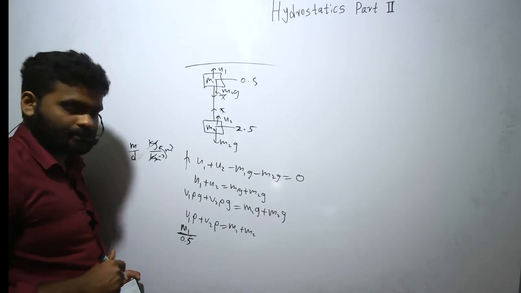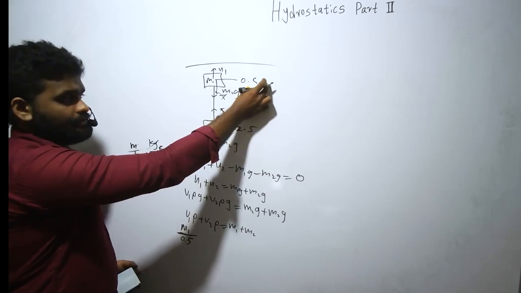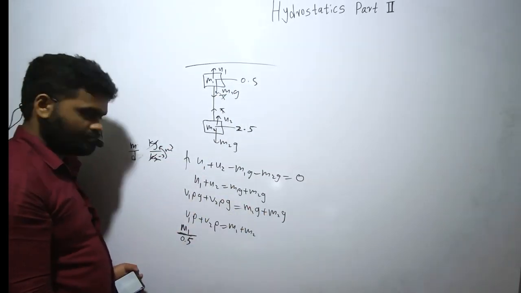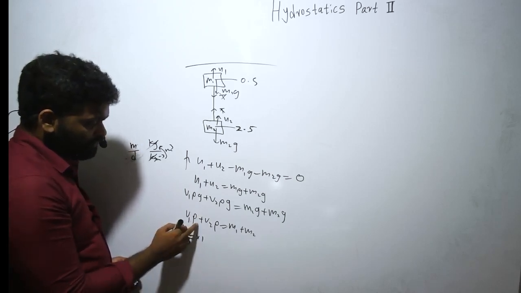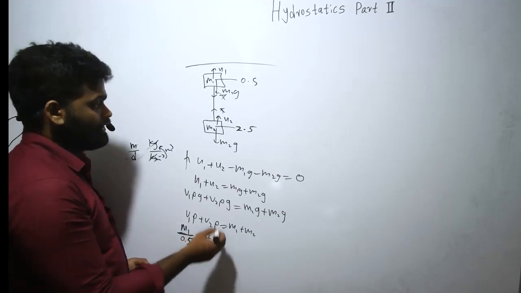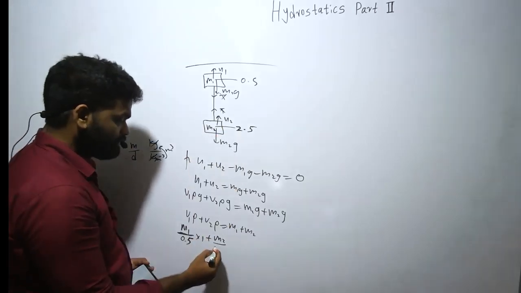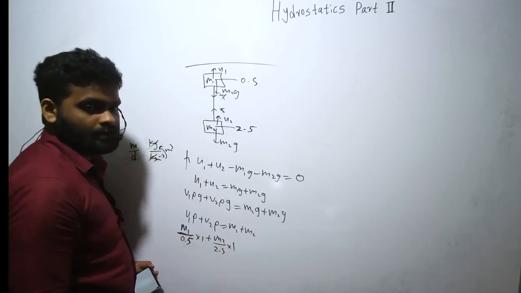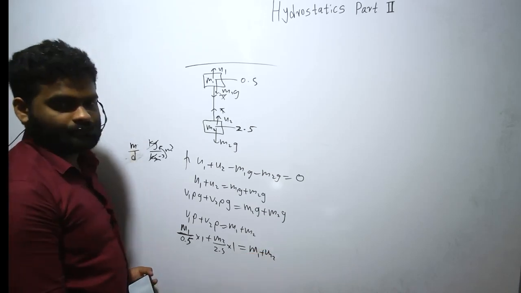Later you can convert that. For now, let's consider that 0.5 is in grams per cubic centimeter, so all the terms are in grams per cubic centimeter. Grams per cubic centimeter means this rho also is 1, the density of water is 1. Plus V2. V2 is the mass of this object, M2 divided by density of that object, 2.5 times density of the liquid, that is 1, water, equals M1 plus M2.